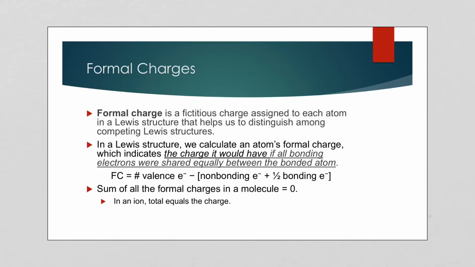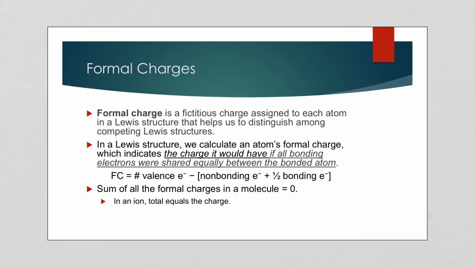So in essence, we're assuming no polar bonding. Again, it is a guide. This gives us a way to help distinguish this, and we'll see when we use it. We follow certain guidelines to help us account for what we would expect chemical reality to be.